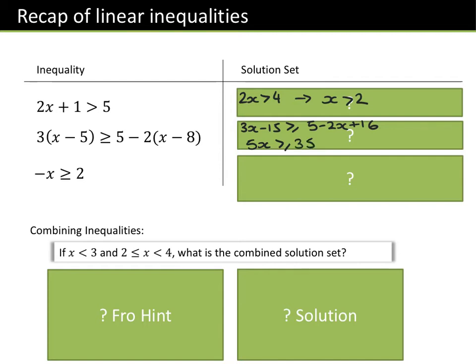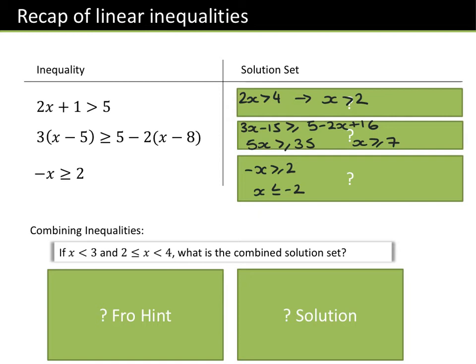I'm going to divide both sides by 5, so x is greater than or equal to 7. And then I have minus x is greater than or equal to 2. Now, to get x on its own, I have to divide by a minus. If I ever divide by a minus, I have to flip the sign. So x is less than or equal to minus 2.